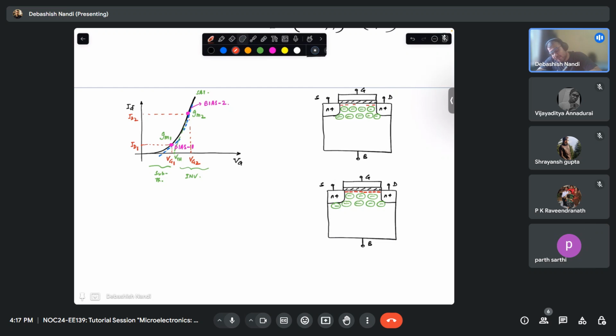So if I apply a gate voltage here, if I change the gate voltage in a linear fashion, in this case my charges will change in a different manner than in this case. Okay, so that is why I will have a different slope. So your transconductance is the slope of a non-linear curve, because if it is a linear curve, I will have the same slope at each point. As it is not a linear curve, I will have a different slope. So my GM is a large signal parameter, or in other words, GM is a small signal parameter derived from large signal analysis. That is more correct.